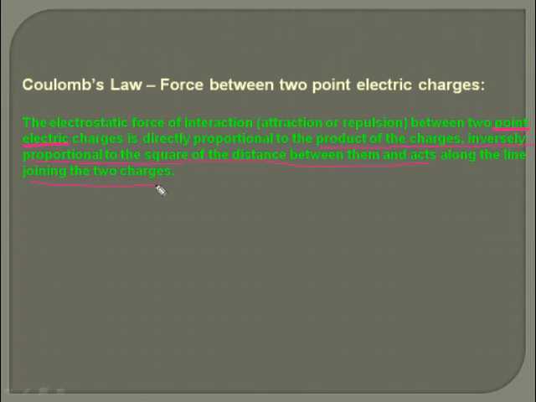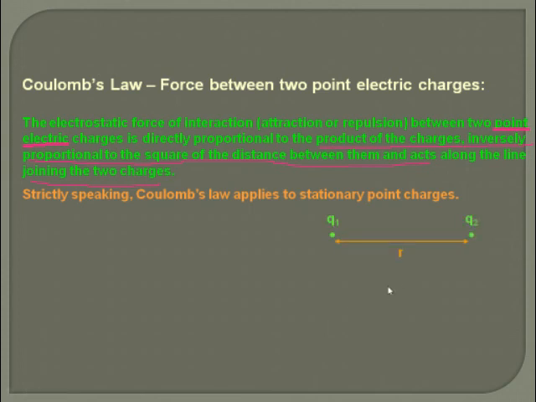Consider we have two charges q1 and q2, and the separation between them is small r. Then according to Coulomb's law, the force of attraction or repulsion between them will be directly proportional to the product of q1 and q2.